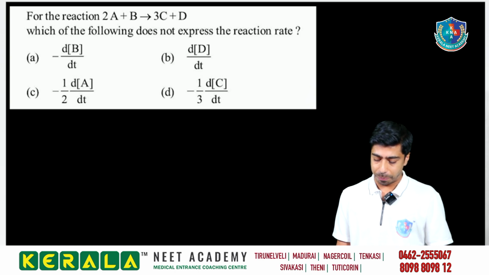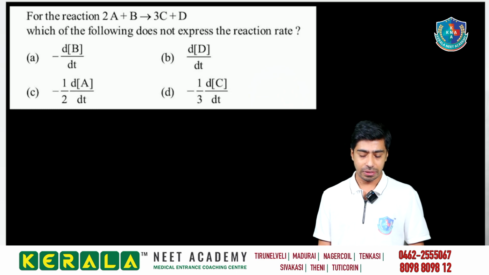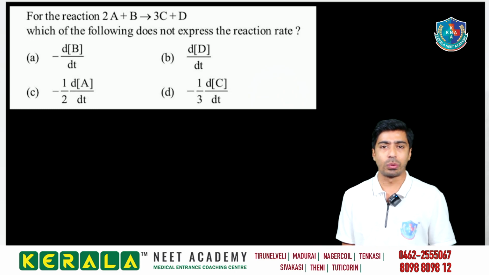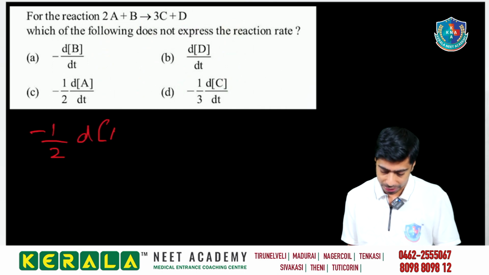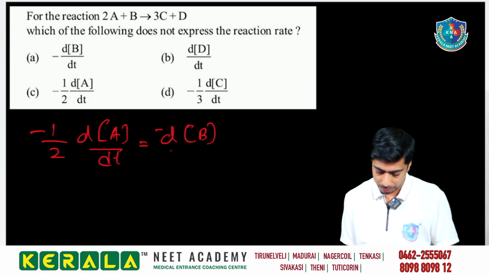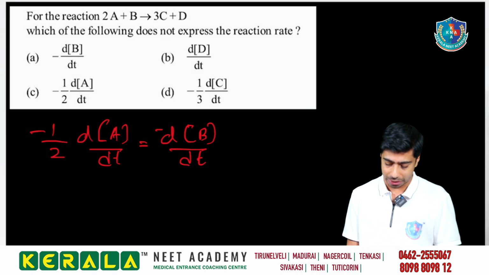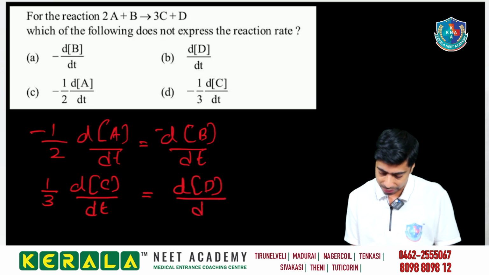Now these are the questions from chemical kinetics. For the reaction 2A plus B giving 3C plus D, which of the following does not express the reaction rate? It's a direct question. According to this equation, the rate of the reaction will be minus 1 by 2 dA by dt, equal to minus dB by dt, equal to 1 by 3 dC by dt, equal to dD by dt.